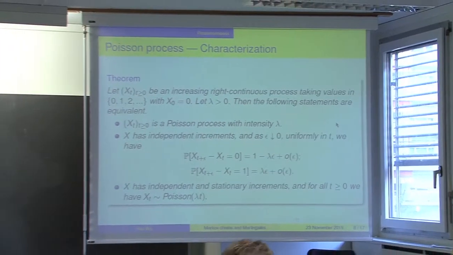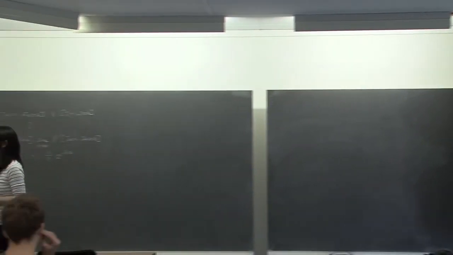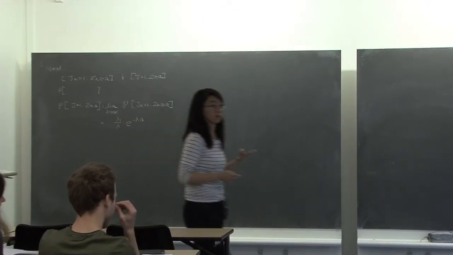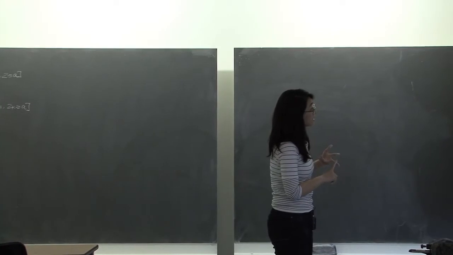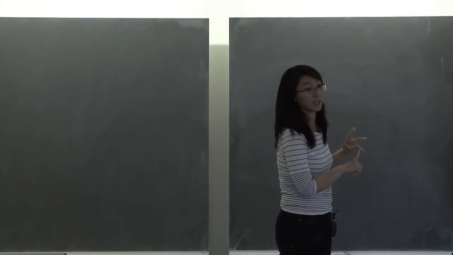From the definition of Poisson process, we know that if we want to check a process is a Poisson process, we need to check two properties. The first is it has independent increments. The second, for each t, Xt has the law of a Poisson random variable with intensity lambda t.